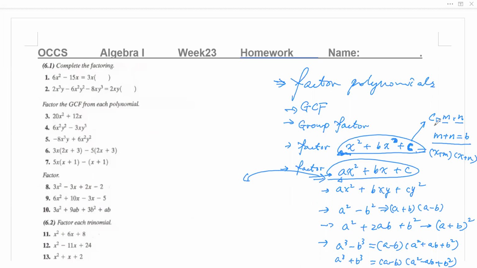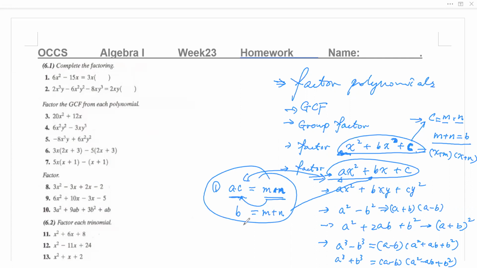So first step, add one more step in here. We try to find A times C first, and then find their factors, if they are M times N, that exactly equal A times C. At the same time, M plus N equals B, this B here, right?